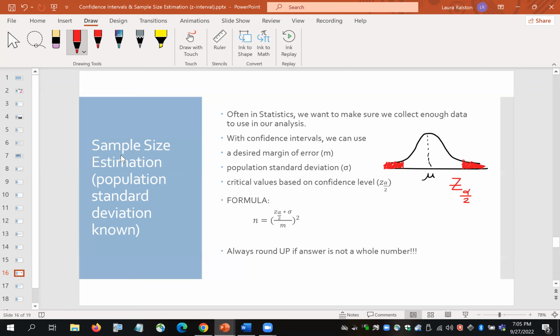But I have the formula here for calculating the sample size that you need. The other thing that we do is we always want to round up. If our answer is not a nice, neat whole number, I'm going to always round up, regardless of the decimal, because we want to ensure that we have enough in the sample.